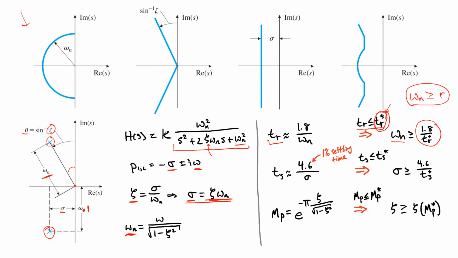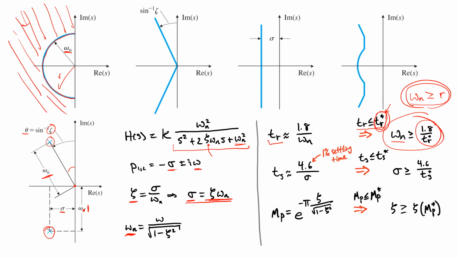So for the poles that satisfy this expression, if this circle represents the distance r away from the origin, then all of the points outside this circle, with omega n values bigger than r, satisfy the original time domain specification and give us a rise time that's less than or equal to our desired value.